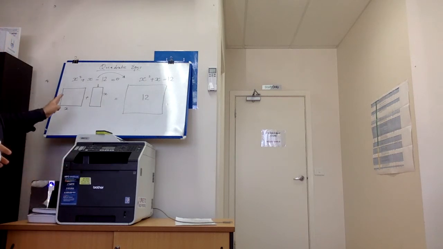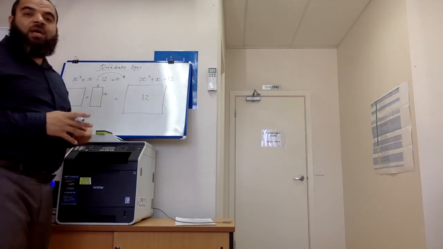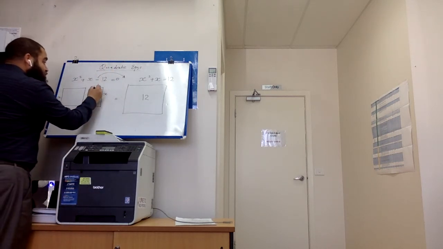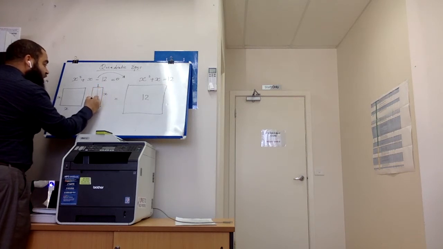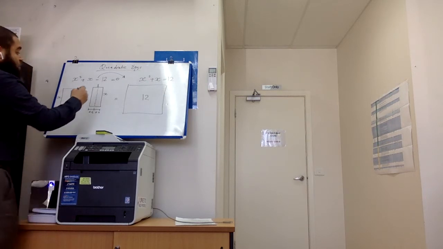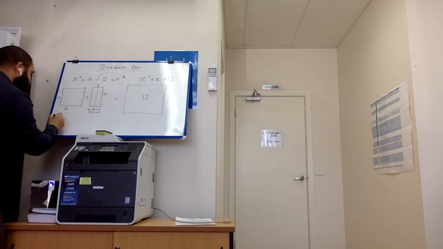So now I need to make something called completing the squares. I'll divide this rectangle into two equal rectangles. So this one will be half, and this one will be half as well. Then I'll move each rectangle to a side of the square.